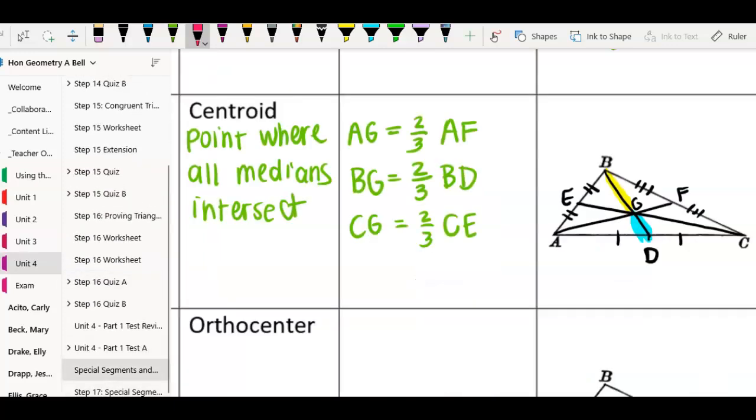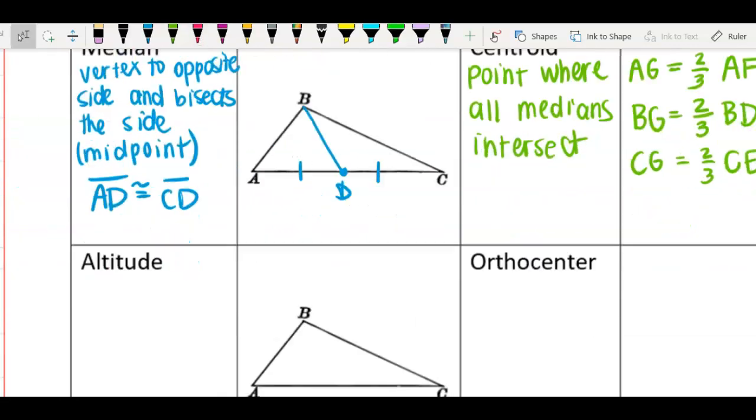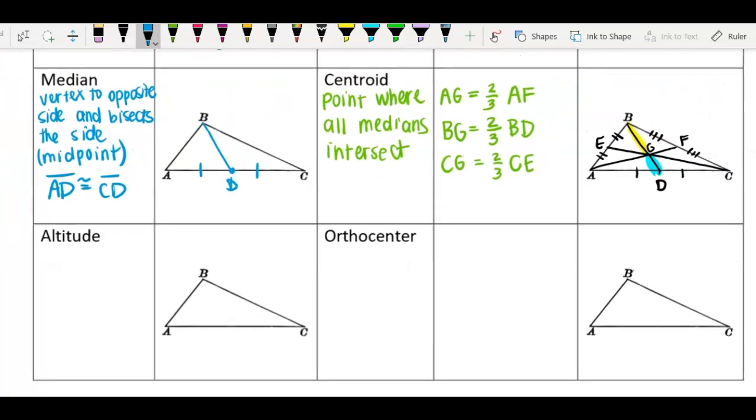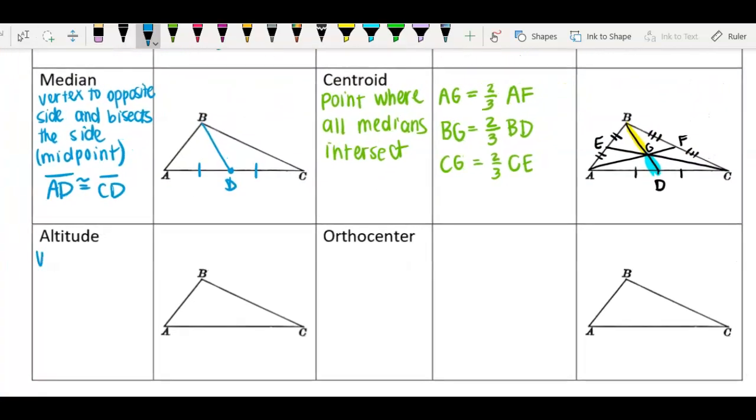it kind of looks like a median, which is kind of why they're paired together, but it's a little different. So it goes from the vertex to the opposite side. But the difference is instead of bisecting the opposite side, it's perpendicular to that side.